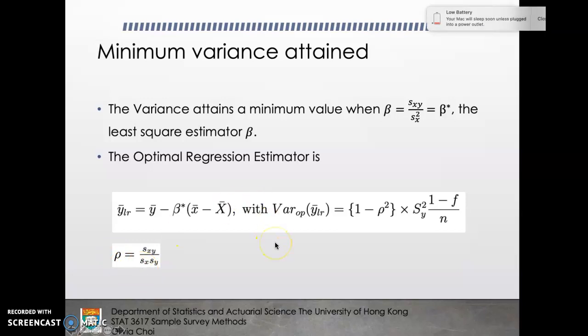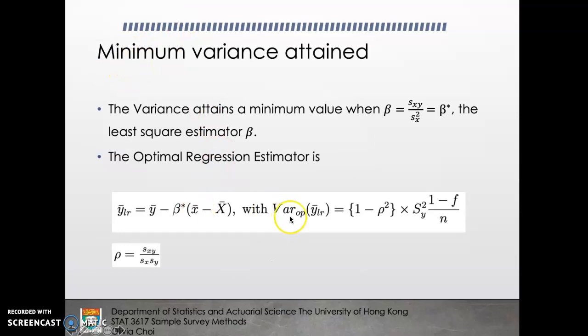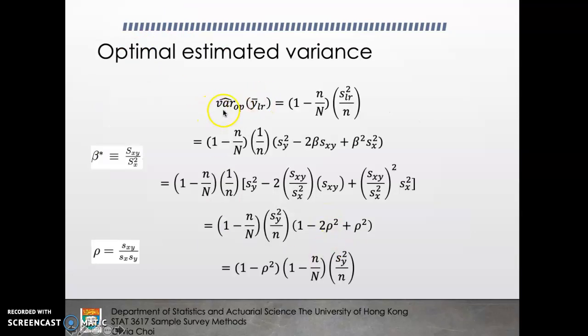I'm trying to prove this to you. Okay, so at optimal, the estimated variance again equals the finite population correction factor multiplied by SL square divided by n.